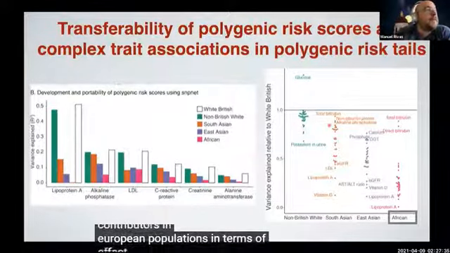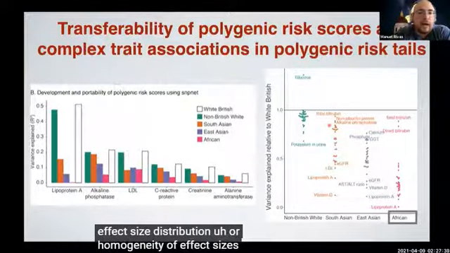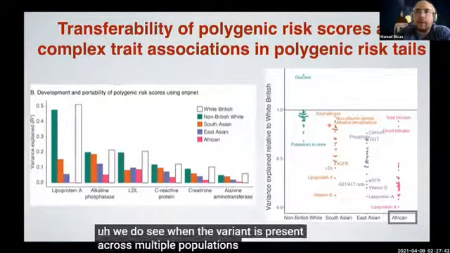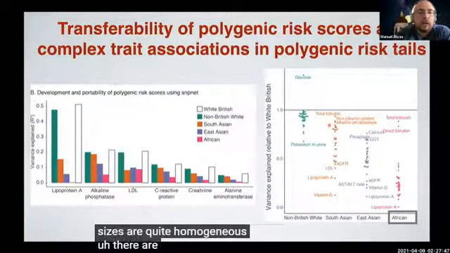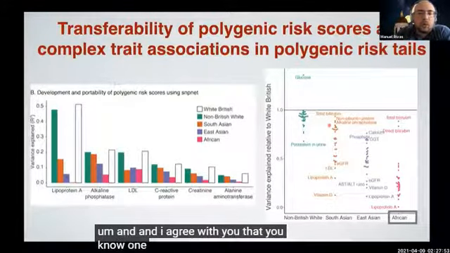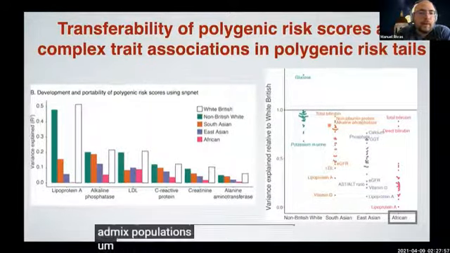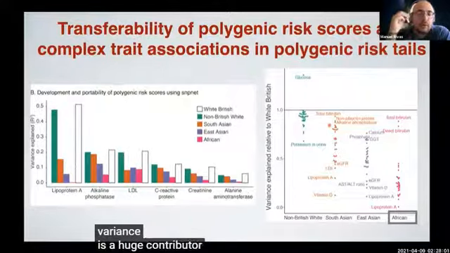In terms of effect size distribution or homogeneity of effect sizes, we do see that when the variant is present across multiple populations, the effect sizes are quite homogeneous. There are examples of heterogeneity though. And I agree with you that one way to get at that problem is to look at admixed populations. But the absence of the variants is a huge contributor.